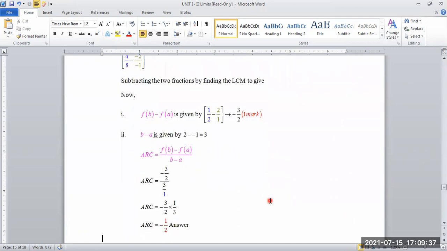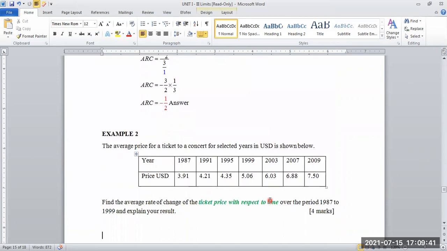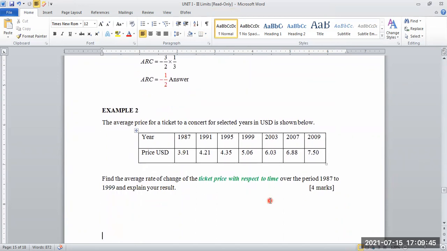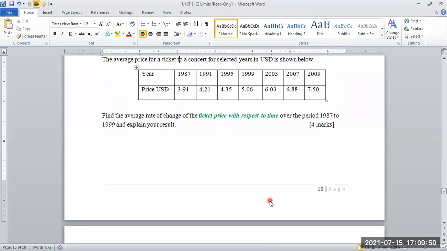Look at what it is saying. It is saying that the average price for a ticket to a concert for selected years in US dollars is shown below. So 1987, you have the ticket price at $391. 1991 is at $421. 1995 is at $435.